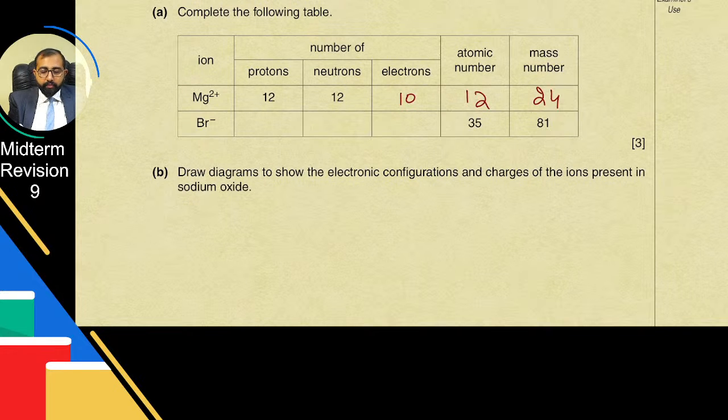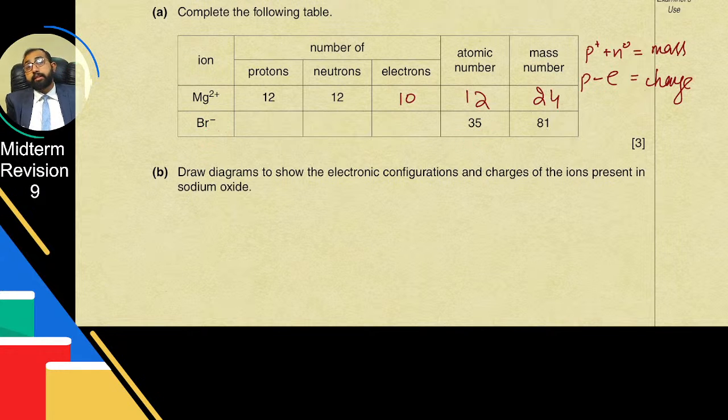Now, here's the thing. In the next one, again we will use the same two equations. Equations क्या है? Proton plus neutron gives you mass, and charge is basically proton minus electron. Okay, these are the two main equations that we have in this chapter. So in this over here we already know the atomic number, we know the charge, so electrons are 35 minus 1, so it's going to be 36.